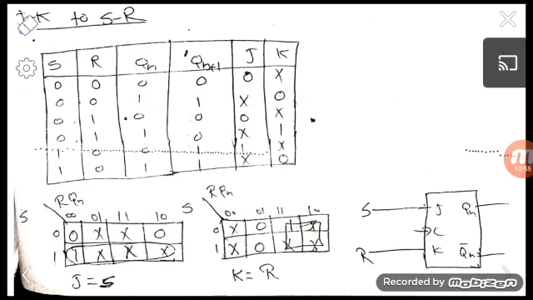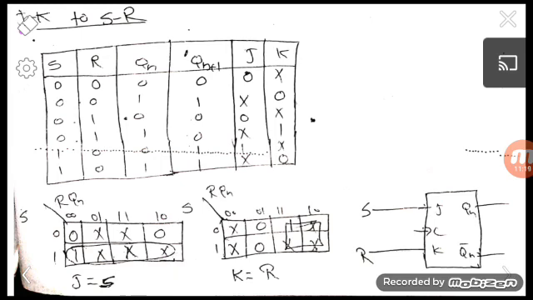Okay, and after that we are drawing the K map for J and K. Here, for the cases 1 1 0 and 1 1 1, we are treating them as don't care. So for 1 1 0 we are putting x here.